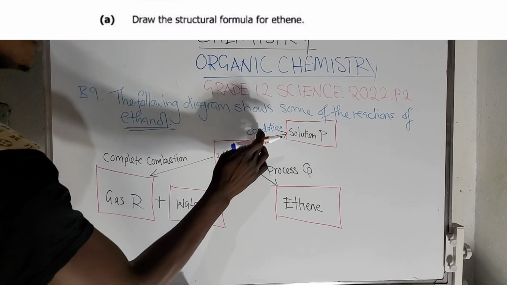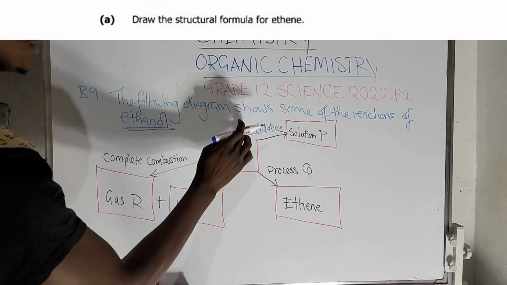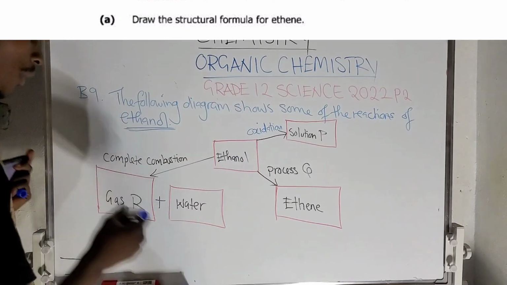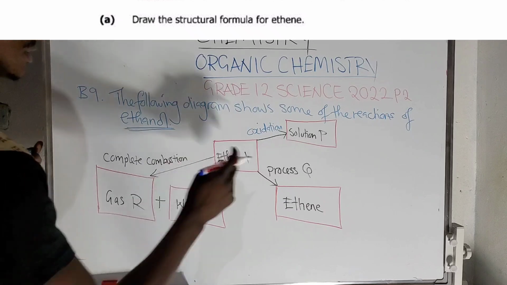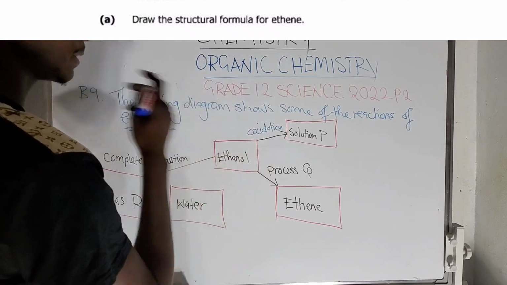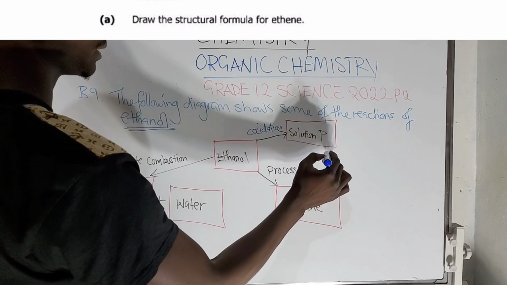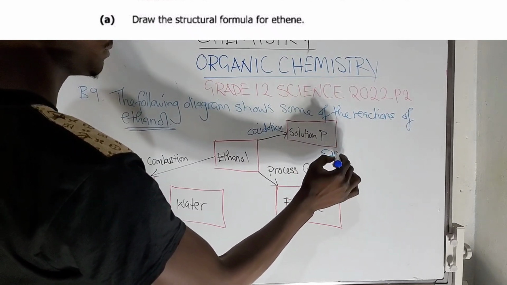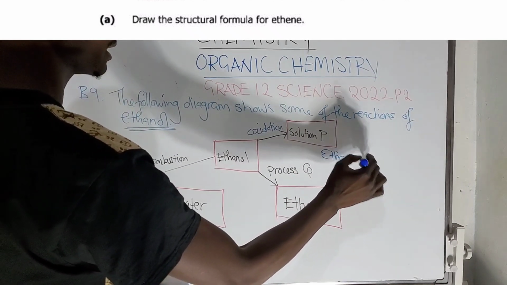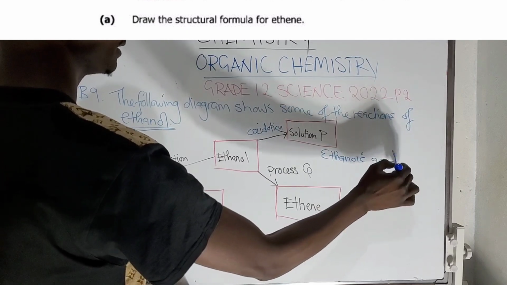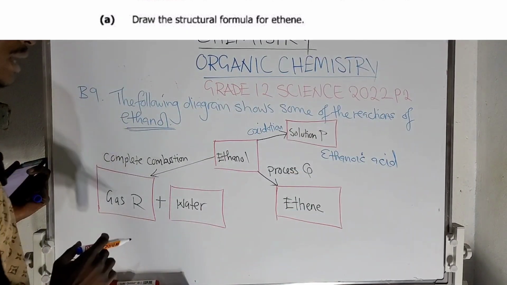When ethanol undergoes oxidation, it forms ethanoic acid.